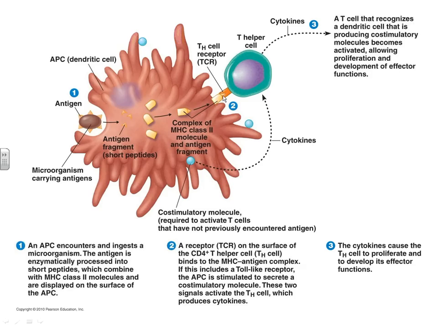If the phagocytic cell shows one of these pieces of antigen on its surface, the TH, the helper T cell, will come along, look at it, and say, oh my gosh, yes, you're right, you have found something bad. And the T cell then starts sending out cytokines that are going to signal that we need to do something about this.